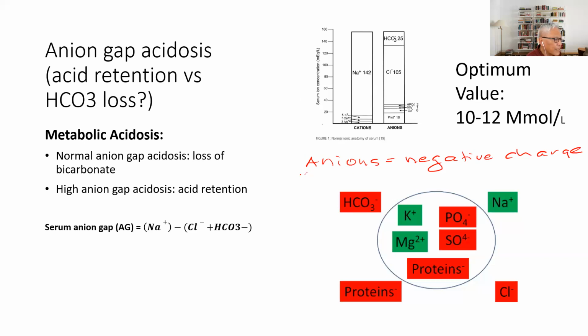And cations are positively charged. All right, so look at this. It has a minus right there. That means this is an anion. And look at this.